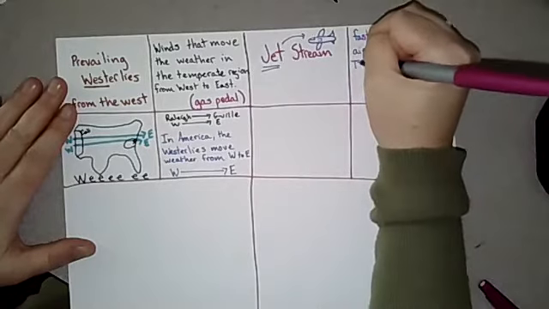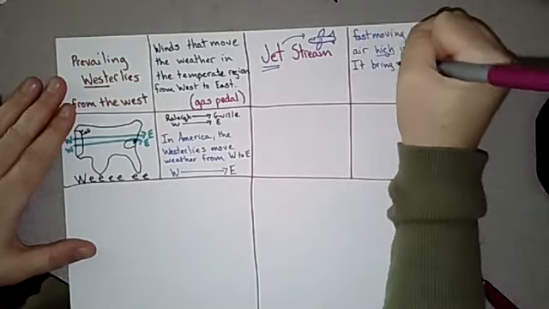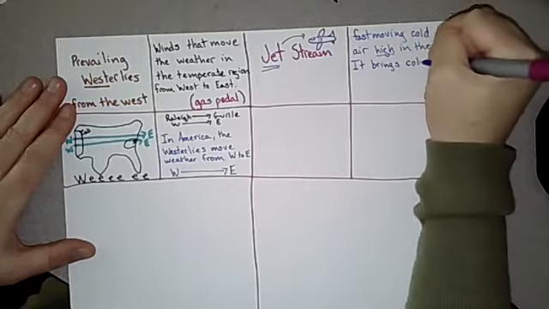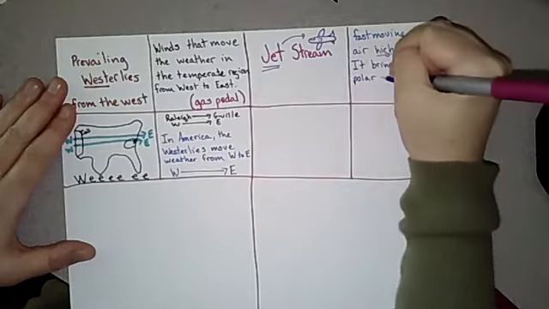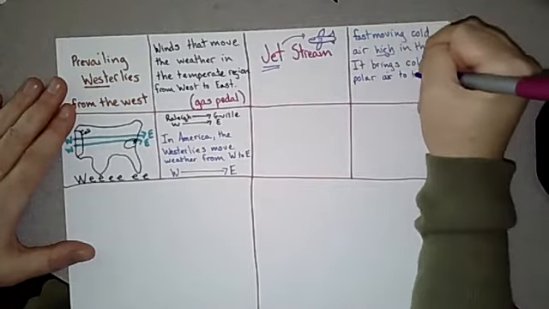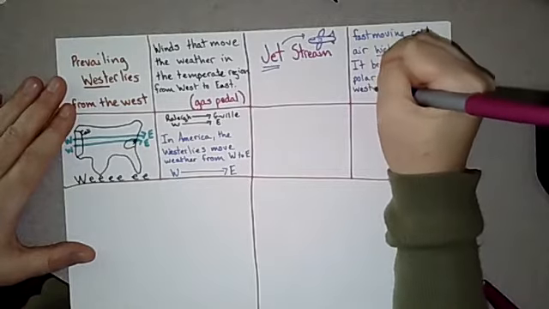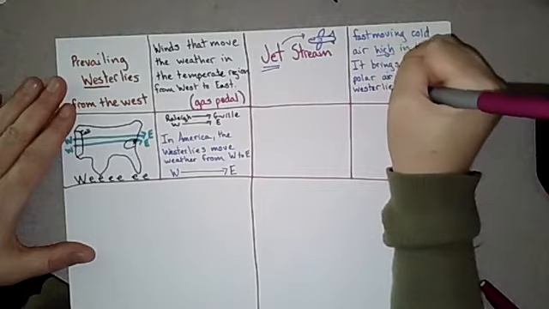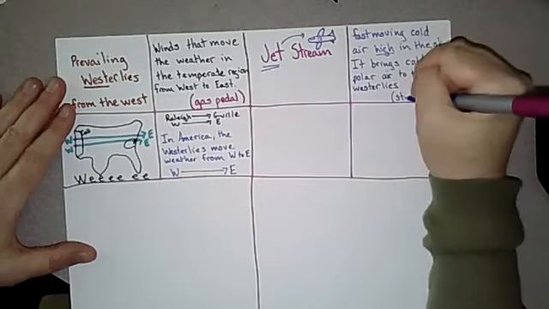It brings cold polar air to the westerlies. And we call this the steering wheel.